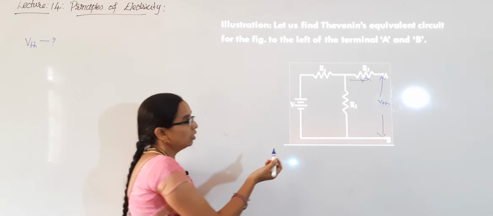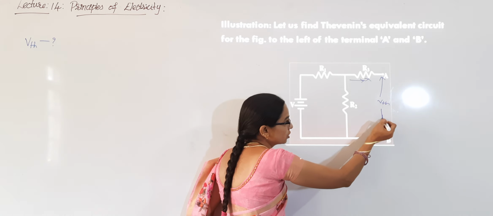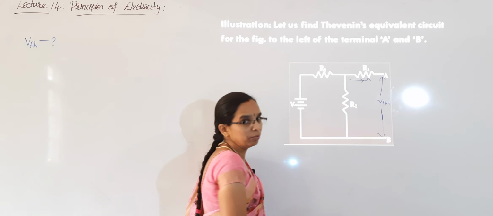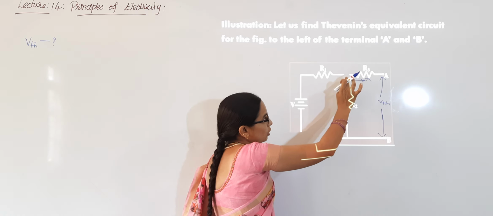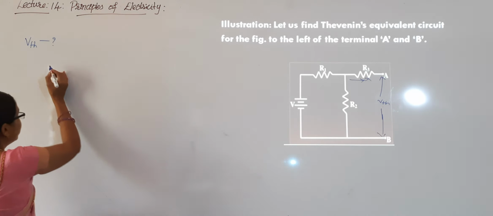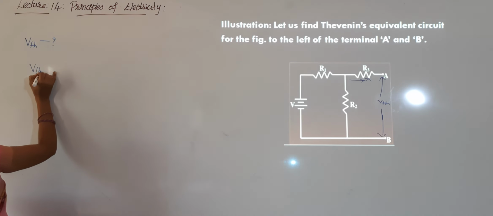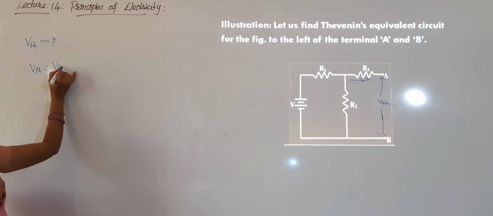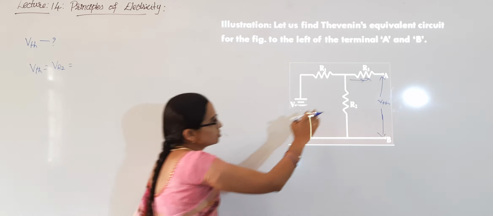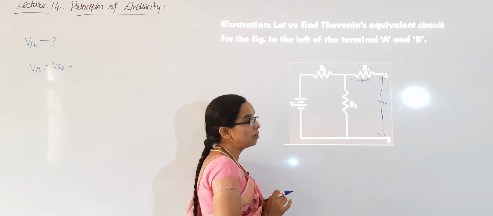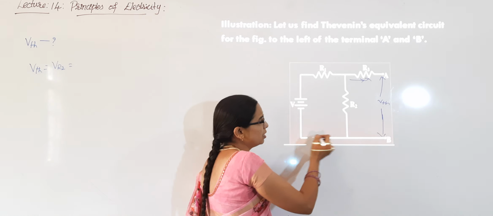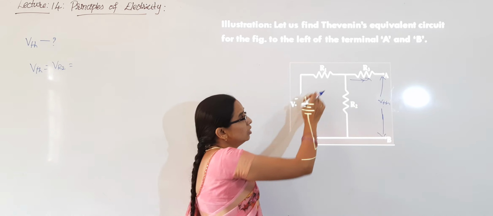So VTH, that means the voltage across A and B, will be equal to the voltage drop across the resistor R2. That we will find out: VTH is equal to VR2, that is the voltage drop across R2. If this resistor is not taken into consideration, because no current flows through it, this becomes a single loop circuit.